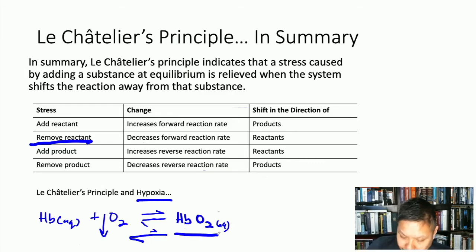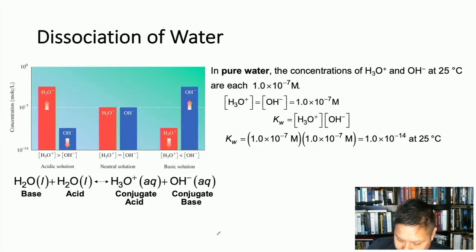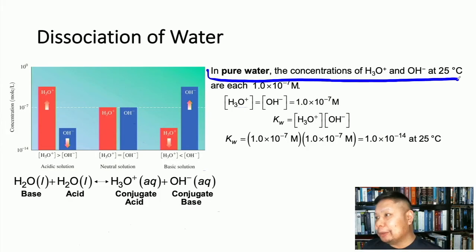So, water dissociates as well, right? Water is a weak acid and it can dissociate as well. And so, pure water dissociates into the hydronium ion and the hydroxide ion at 25 degrees Celsius.